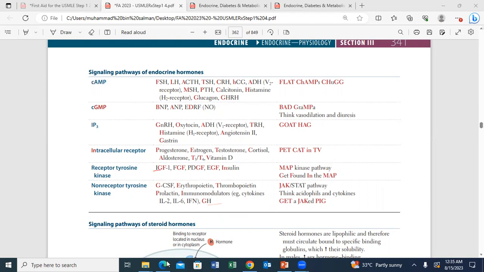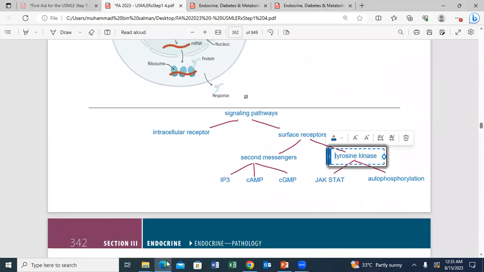Insulin-like growth factor, insulin. So they are related, and it is easy for you to memorize them. So now coming towards the flow chart, what we have already discussed is the surface receptors, and among surface receptors there is tyrosine kinase, and there is JAK-STAT, which is used by prolactin, growth hormone, and cytokines. And then there is autophosphorylation by the receptors, which is used typically by insulin and the growth factors.